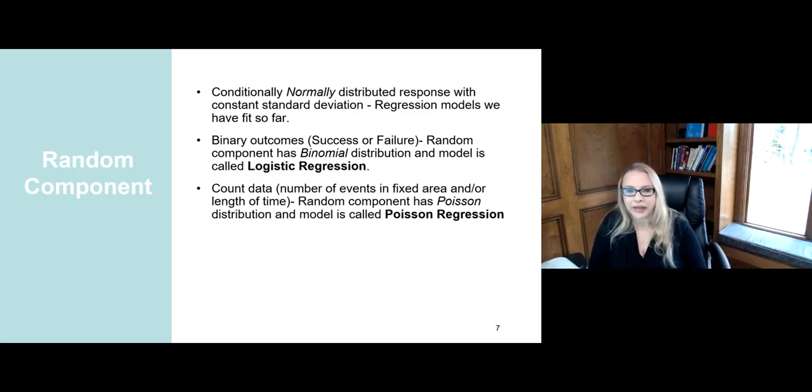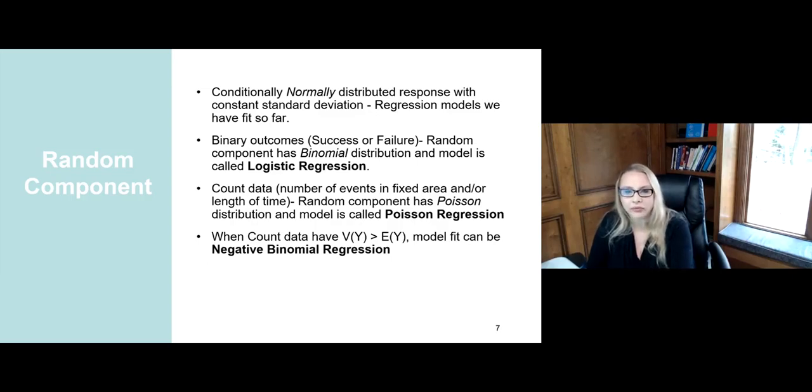When you have count data, where the number of events is fixed, or it could also be a length of time that is fixed, you use the Poisson distribution for the random component. So when you have the Poisson distribution, you have a Poisson regression.